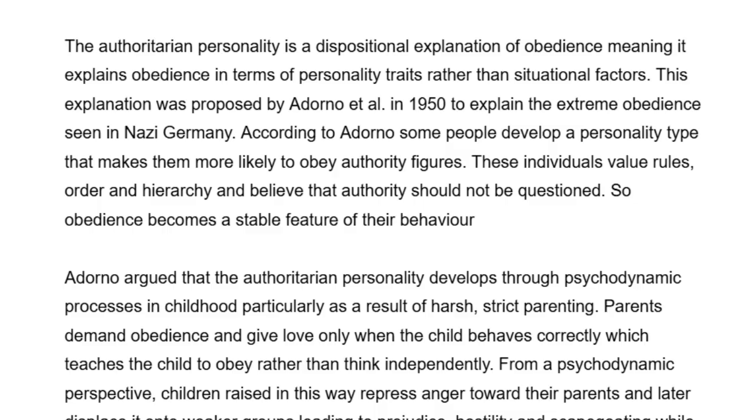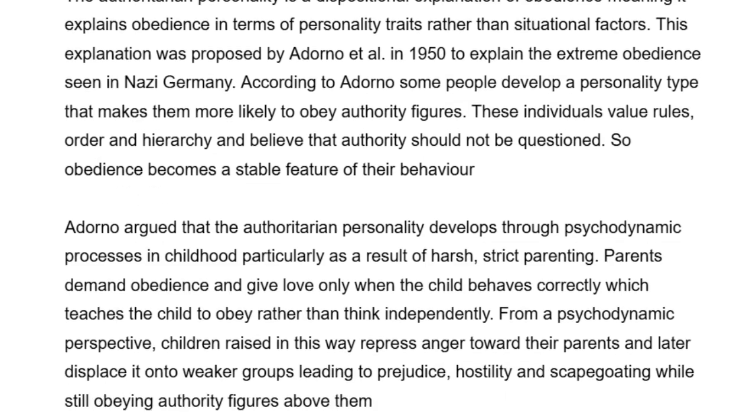According to Adorno, some people develop a personality type that makes them more likely to obey authority figures. These individuals value rules, order, and hierarchy, and believe that authority should not be questioned. So obedience becomes a stable feature of their behavior.